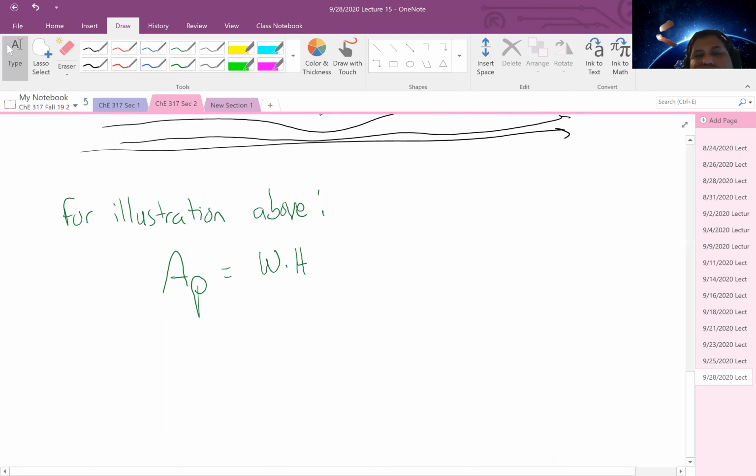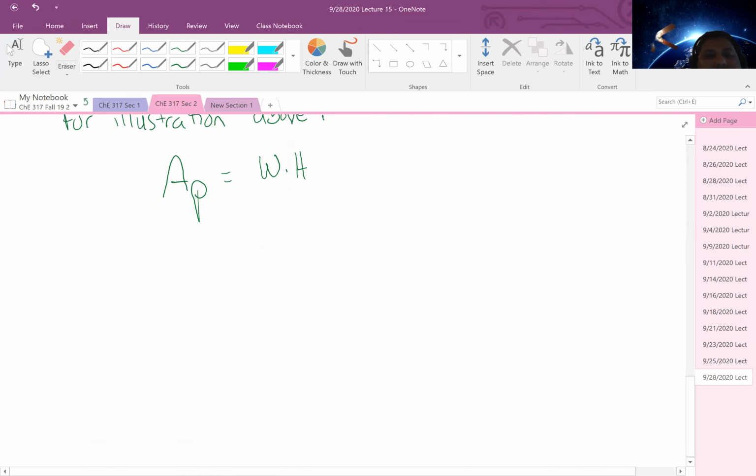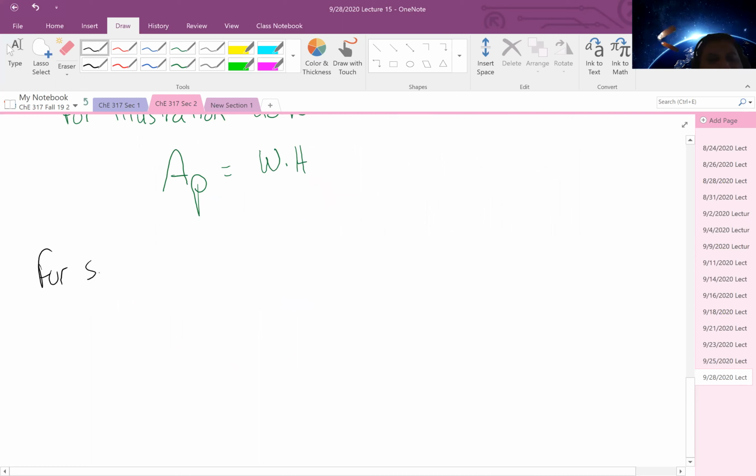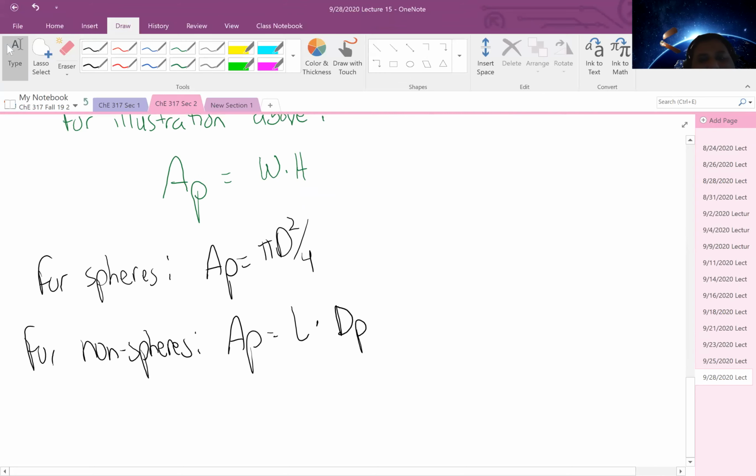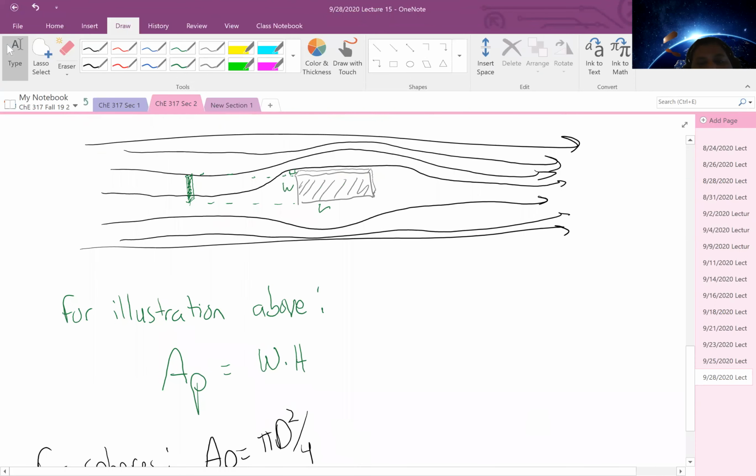And so, in general, we can say the projected area for spheres, we already stated, is pi times the diameter squared over 4. For spheroids that are considered non-spheres, we can consider the projected area some length dimension times some effective diameter, similarly to what we stated above for our little rectangle.